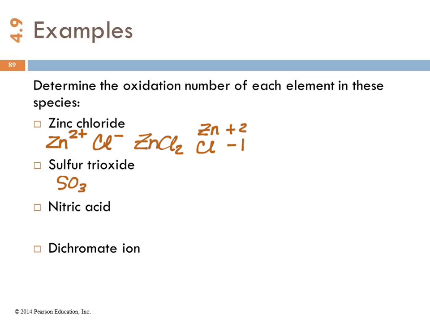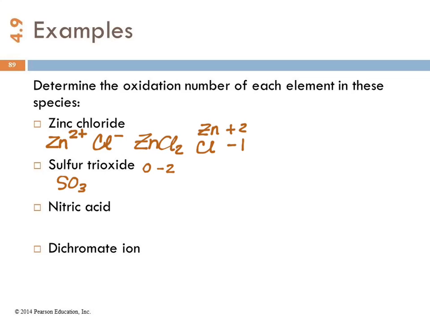Oxygen wants to be -2, so oxygen gets to be -2 because fluorine and hydrogen aren't around. And this will determine the oxidation state of the sulfur, because they all have to add up to 0.